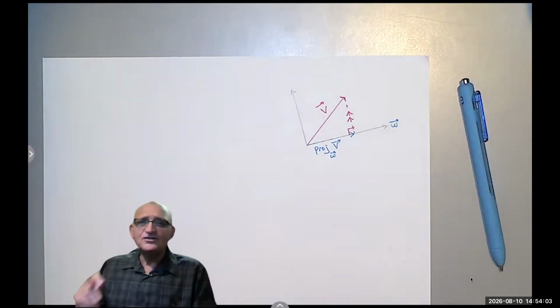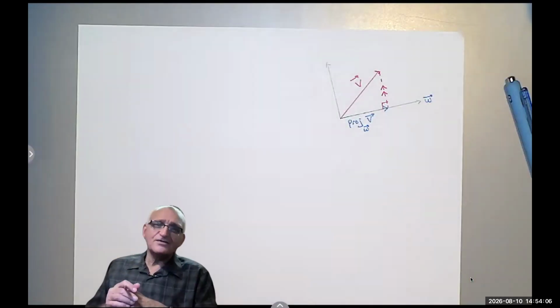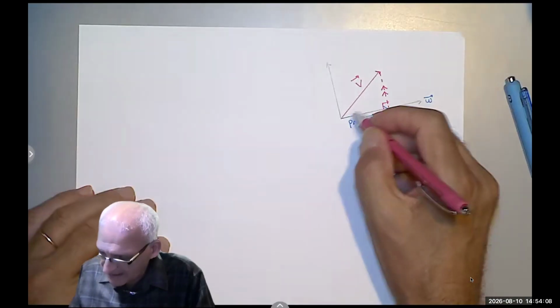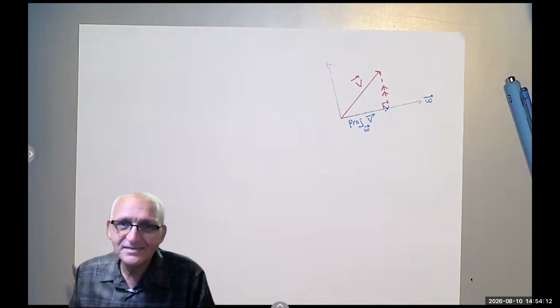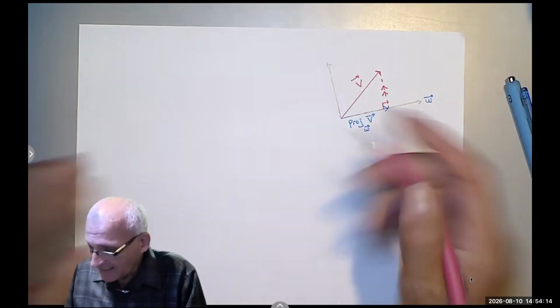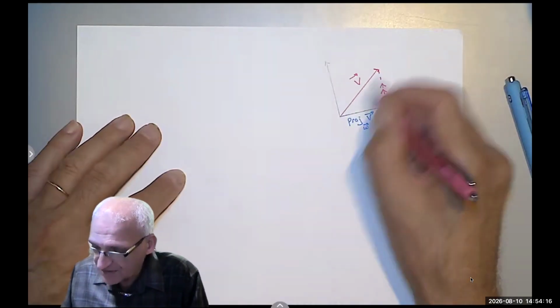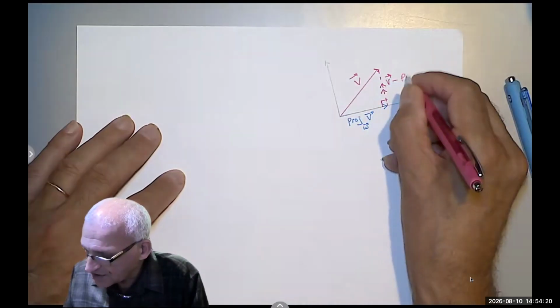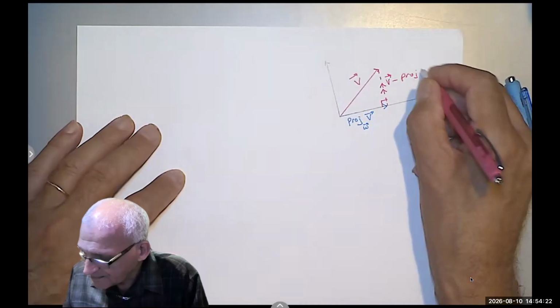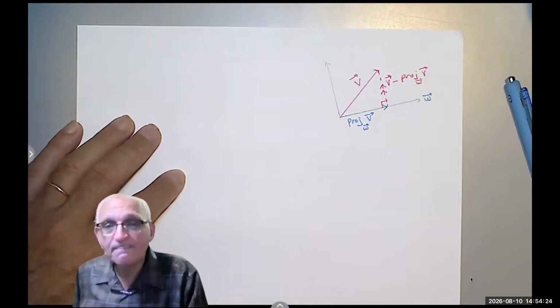Remember, many people say use Pythagoras, and some others say, oh, you multiply by the sine instead of cosine, because in the dot product we use cosine. Nah, it's much easier than that. I know that the sum of these two vectors gives me V, so this part is V minus the projection of V onto W, right? That's it.